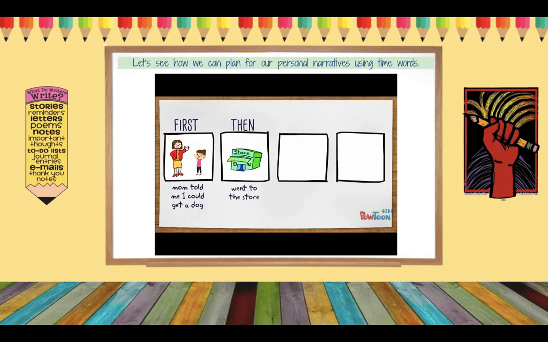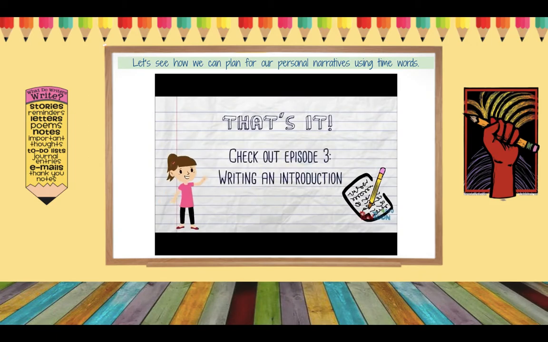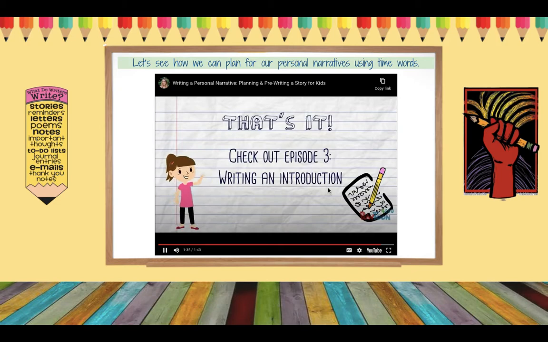Then we went to the store because they had some dogs that needed to be adopted. Next, we looked at all the dogs and we chose the one that we wanted. And then last, we got the dogs some food and some toys on our way home. So now I have a plan for my story. When I'm ready to write my draft, I can look at my plan to remember what to write on each page. That's it. Check out episode 3 to see how I write the introduction to my story.